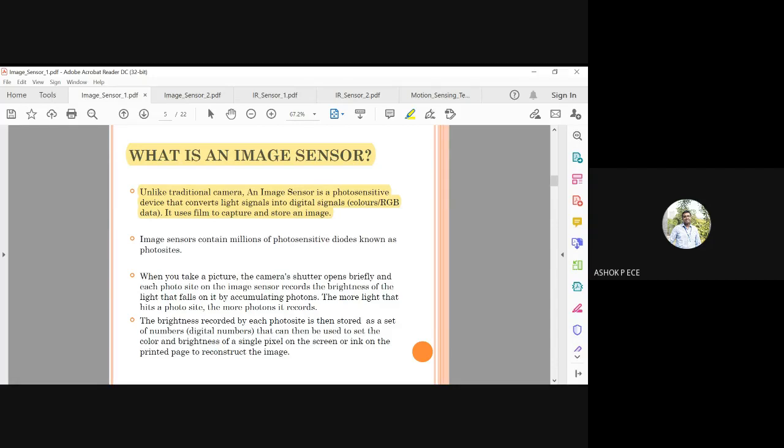Why 0 to 255? If I consider an 8-bit number, it can go from all 8 zeros to all 8 ones. All 8 zeros is 0 in decimal. All 8 ones is 255 in decimal. So it is going to be 0 to 255. That is how the range is fixed.